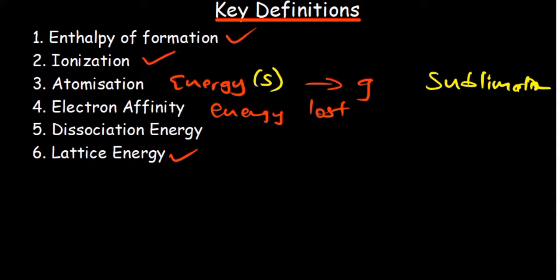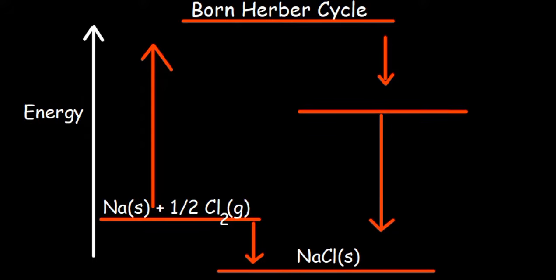The final process on this diagram, where our ionic compound is sodium chloride, has sodium in gaseous state reacting with chlorine in gaseous state to give us sodium chloride. Since these are in gaseous states, the energy associated with that reaction is what we call the lattice energy.